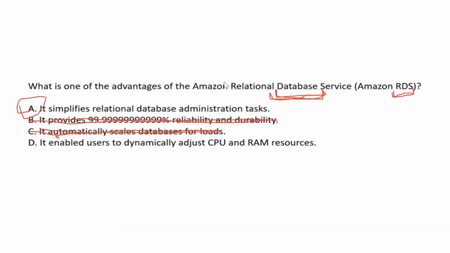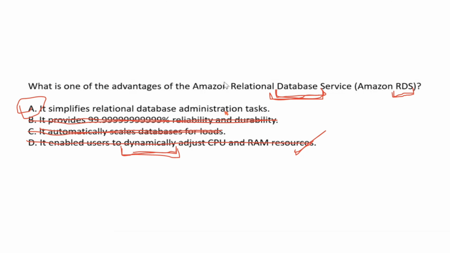And the other one is it enables users to dynamically adjust the CPU and RAM resources. Okay guys, if the word dynamically wasn't here, this could be our answer too, but since we have dynamically here, this cannot be our answer, hence this option is also eliminated.